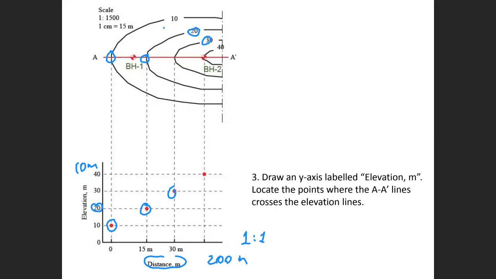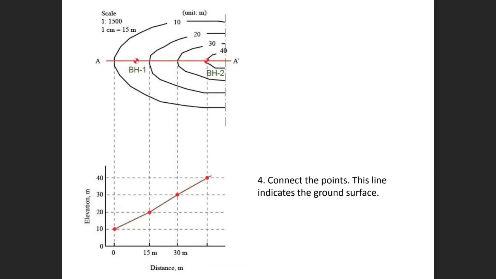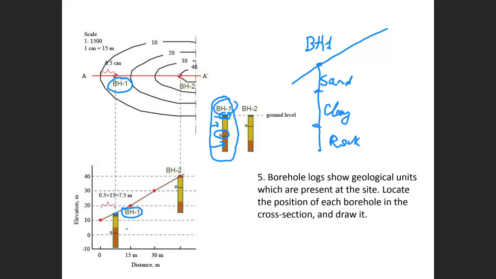So what you do is measure with a ruler the distance in centimeters, and then you just multiply it by the scale. In this case, 1 centimeter is equal to 15 meters. So that's how you do it. If you have a different scale, then you multiply not by 15, but by the scale that you are given in your map. So this is how it's done.